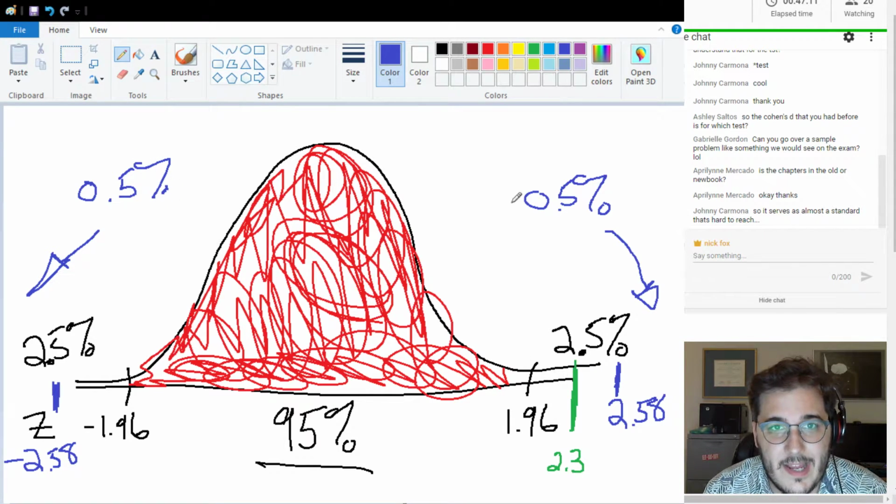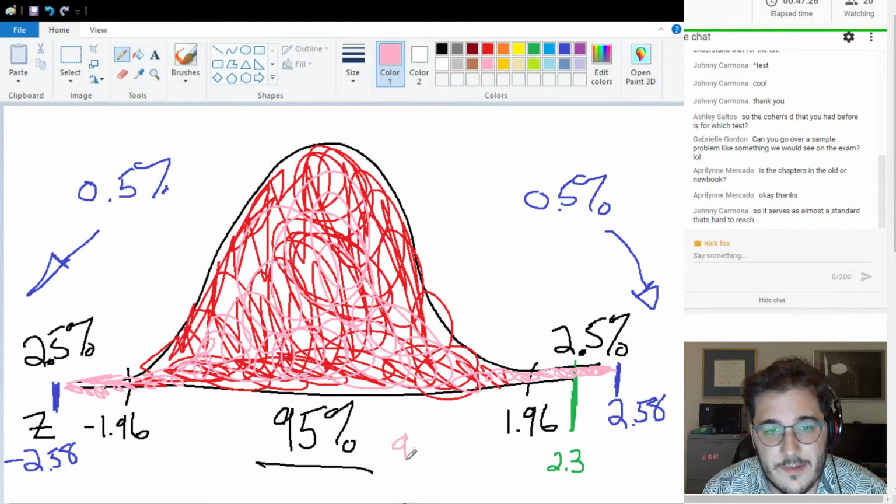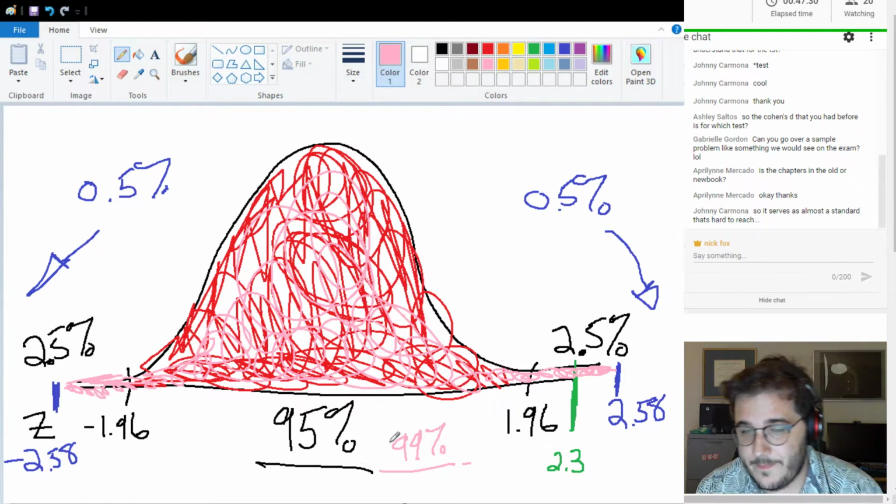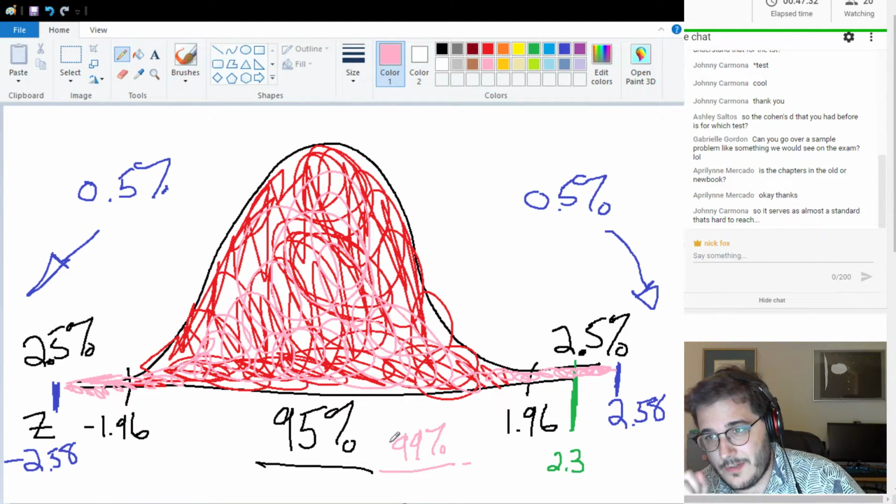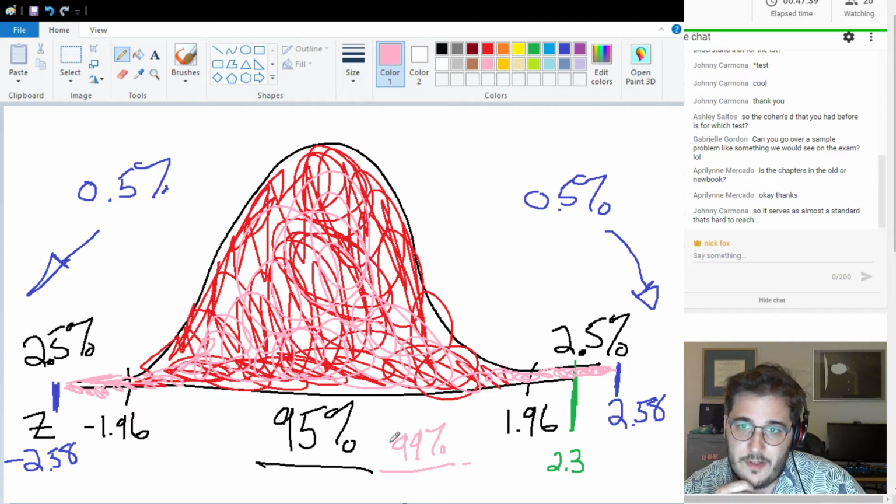And inside here, right, so now all of this in the middle, and then all of this out to that critical value is 99% of observations. So nearly all of them. Only 1% of observations fall outside of that critical value. 1/2 on the positive side and 1/2 on the negative side.